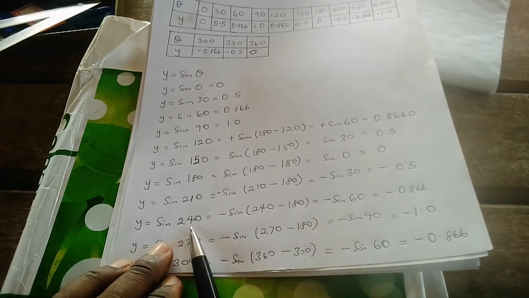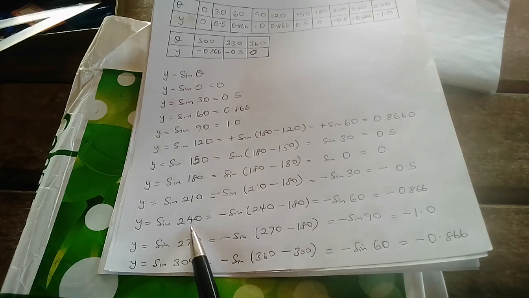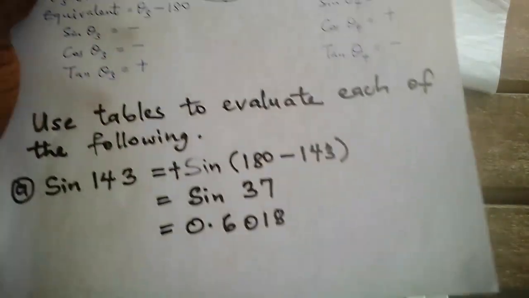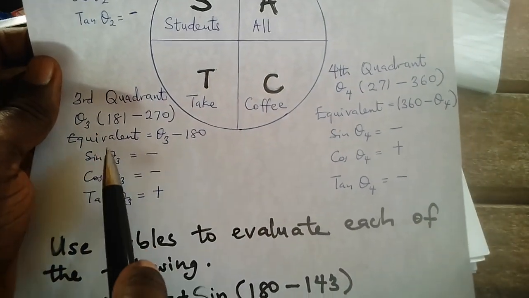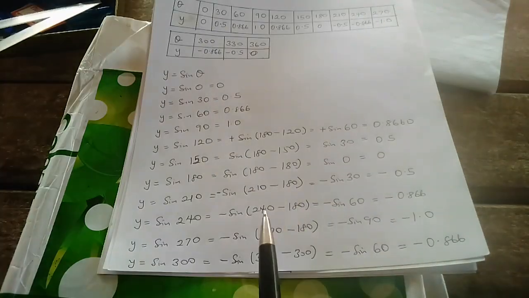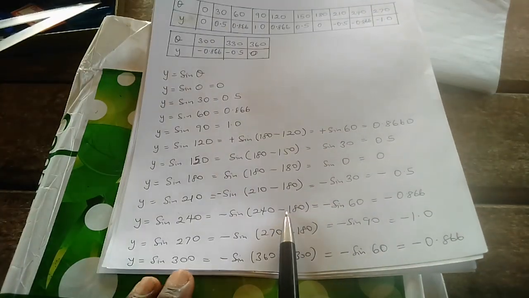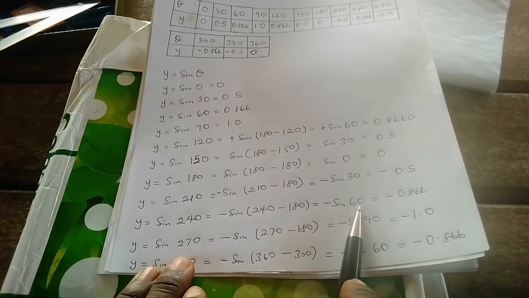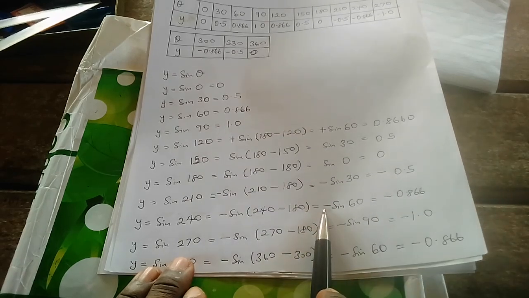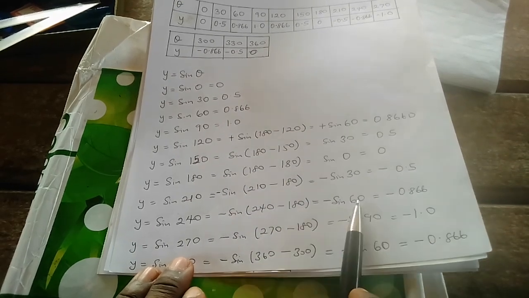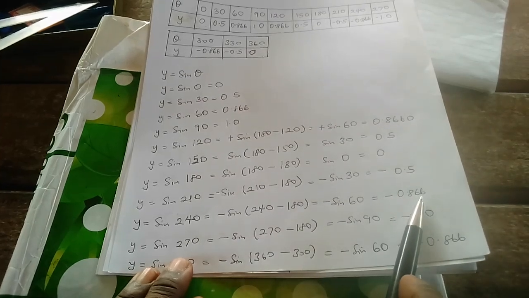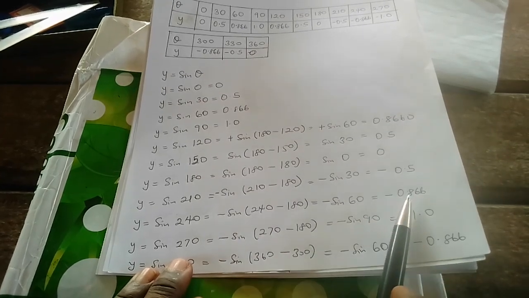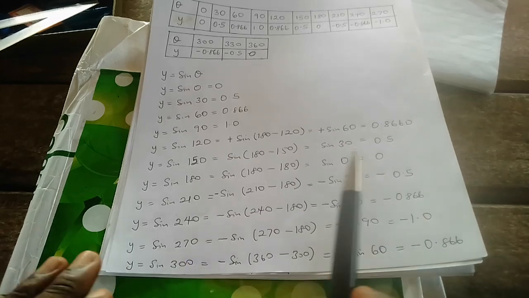You look for the equivalent of 240 in the third quadrant: 240 minus 180, which gives you 60. Sine 60 is 0.866, so we have minus 0.866.